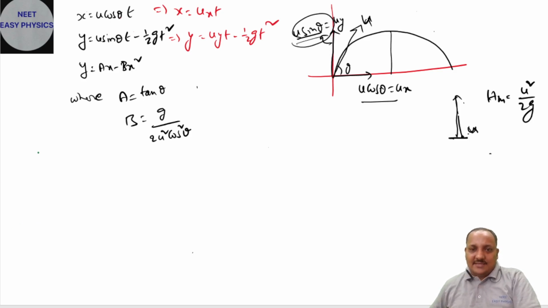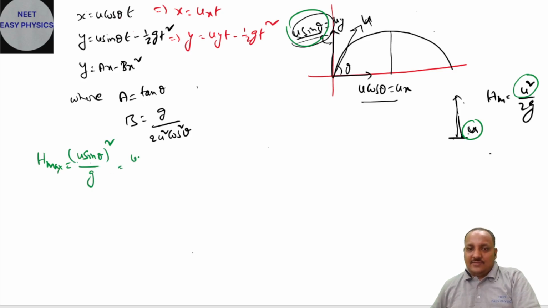Therefore, maximum height in case of projectile is going to be, in place of u, here uy is there. That is nothing but u sin theta whole square by 2g. This one only we will write as uy square by 2g, because of the u square by 2g form. In place of just u, we have u sin theta. Square remains the same. So uy square by 2g.